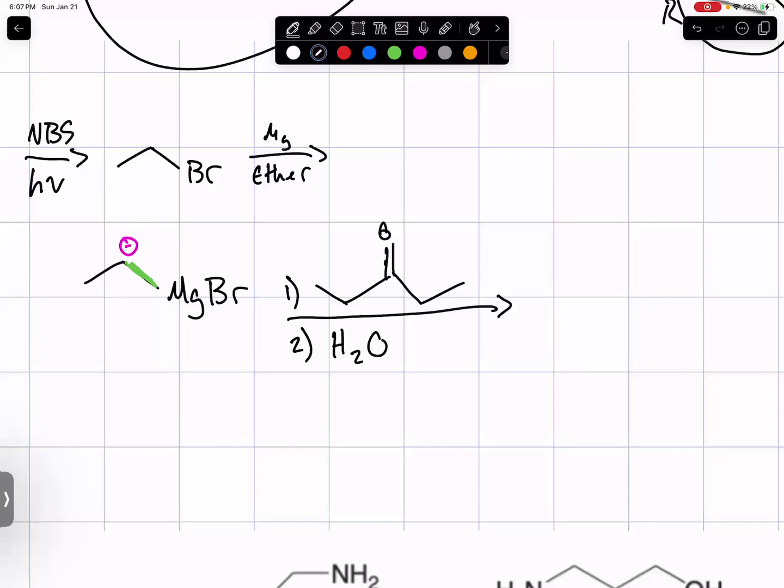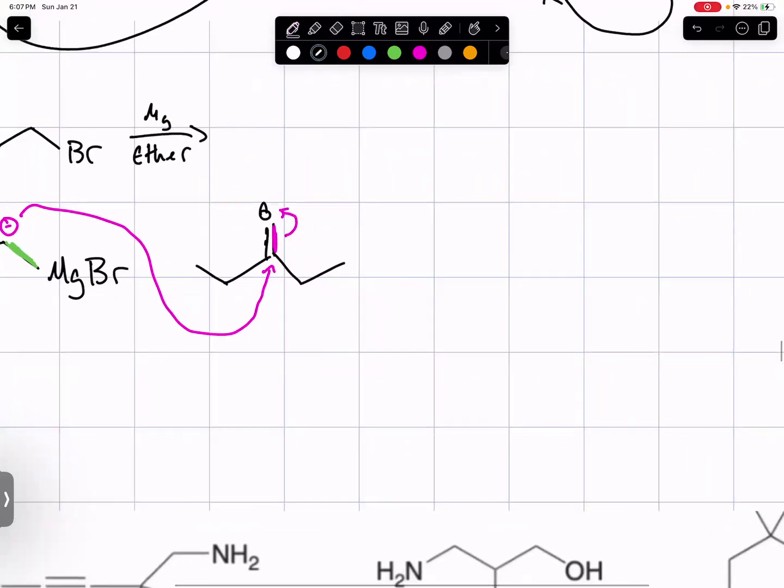But here, let me just erase this part just so I can show you the mechanism so it's a little bit clearer. We have this carbanion from the Grignard reagent attack this electrophilic carbonyl position. One of these bonds, this pi bond, is going to push up, donate those electrons to oxygen. Once that happens, you get this intermediate.